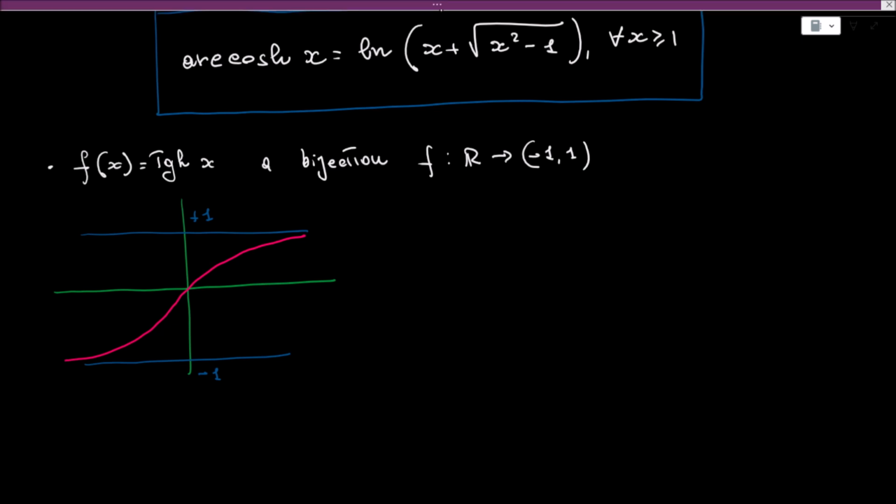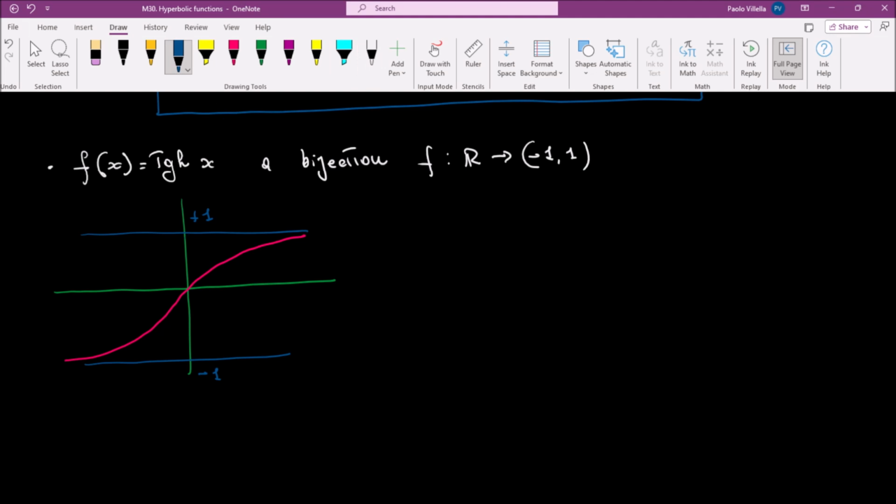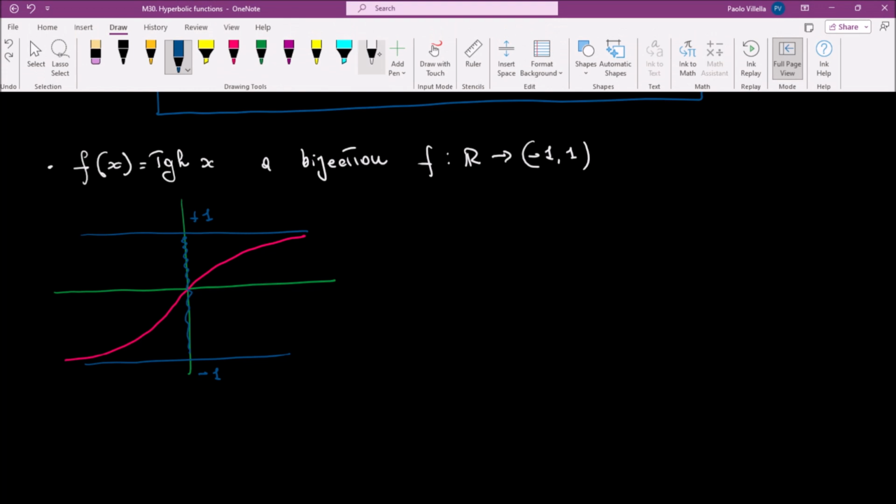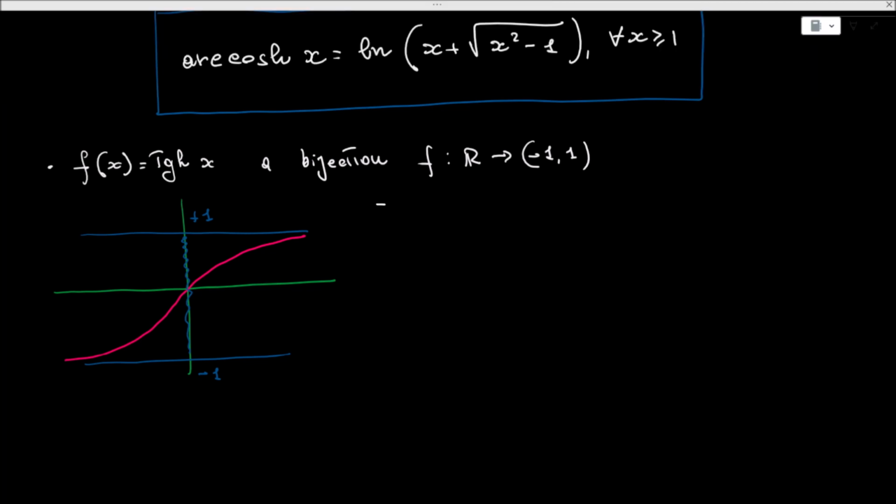So the two sets that we are considering now are clearly the entire real line on one side and the open interval between minus 1 and 1. So we can search for an inverse function g that goes from minus 1, 1 into the real line.